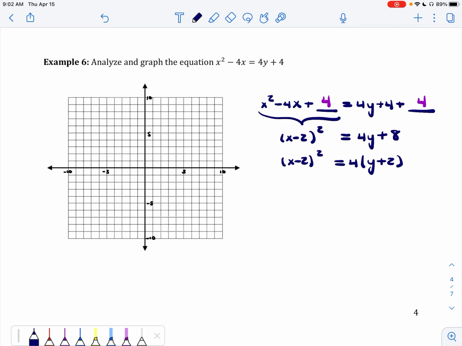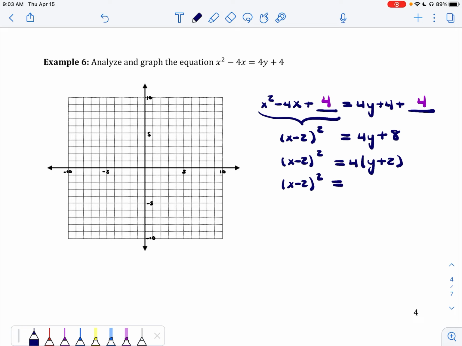Now we have that equation in standard form and we're ready to start working with it. So if your equation is expanded out and you don't have the factors for the x - h and the y - k, then you have to complete the square first, put it in standard form, and then you have something to work with. So let's think about breaking down our equation into the 4 times p.